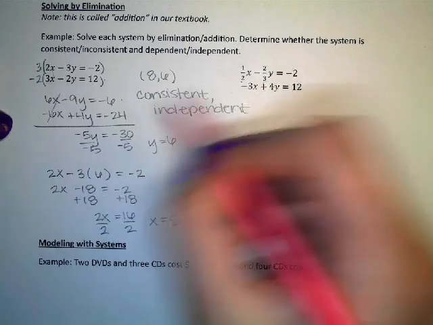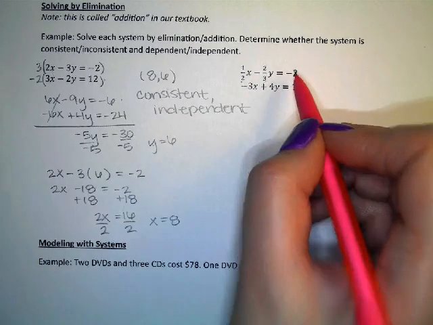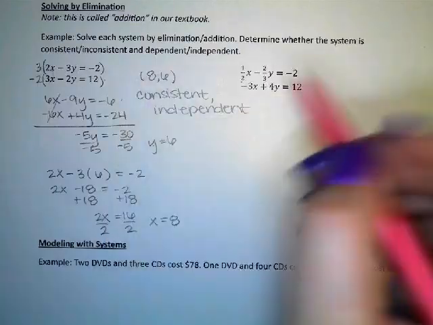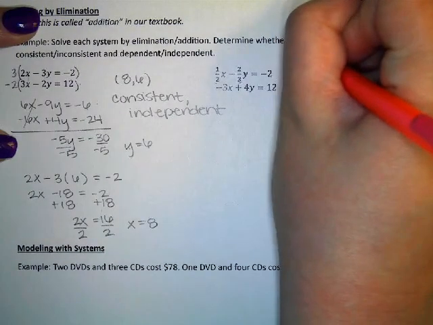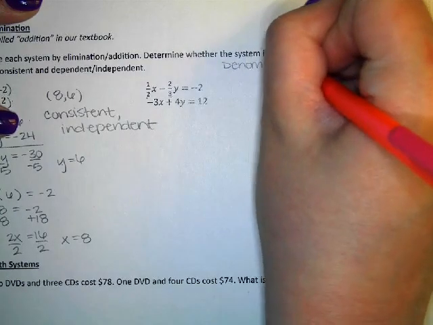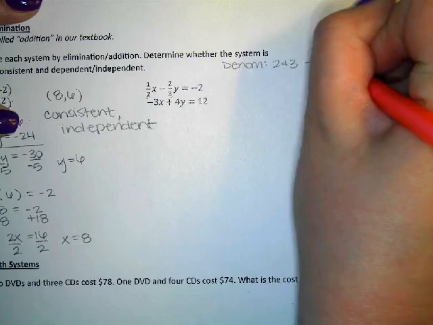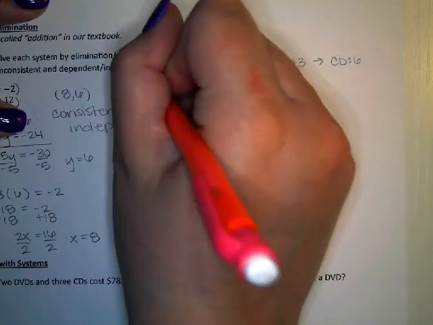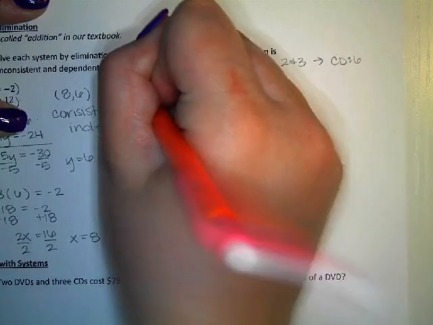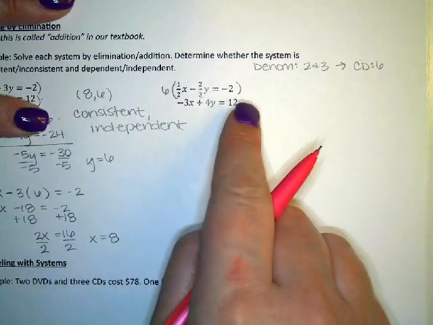my fraction coefficients. So denominators, I'm just writing this for future reference. Denominators of 2 and 3 give me a common denominator of 6. That's why I'm choosing to multiply the top line by 6. So I just want to see what happens, and then from there, if I need to change anything, I will.